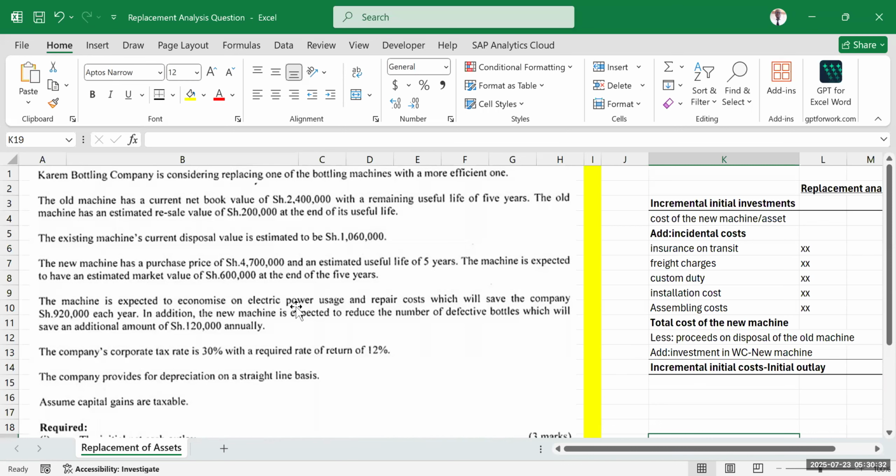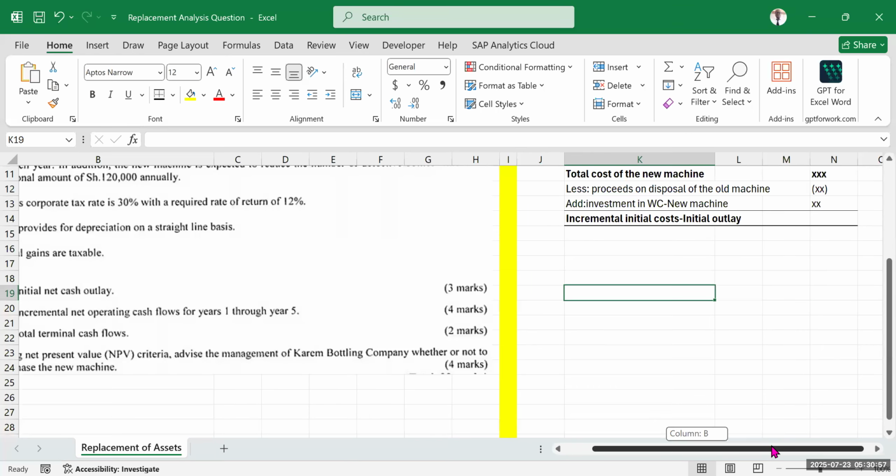It will save on power usage at a tune of 920,000 each year. Then at the same time, it is expected that it will reduce the number of defective bottles, an additional saving of 120,000 annually. So if we connect all that information, we should be able to ask ourselves, how much are we saving by bringing on board the new machine? That will start informing how to start.